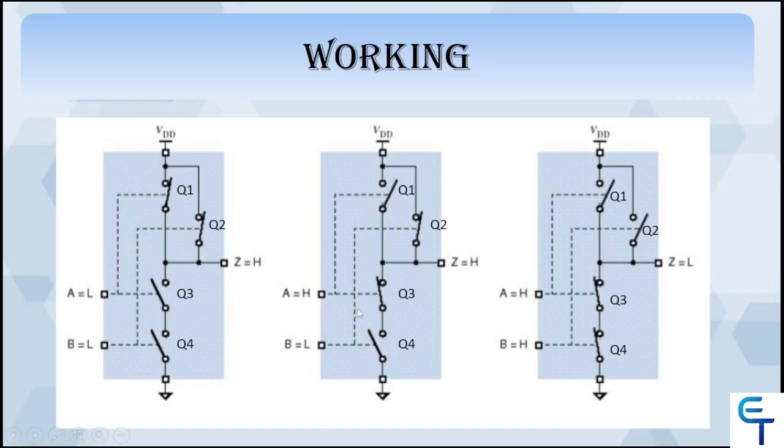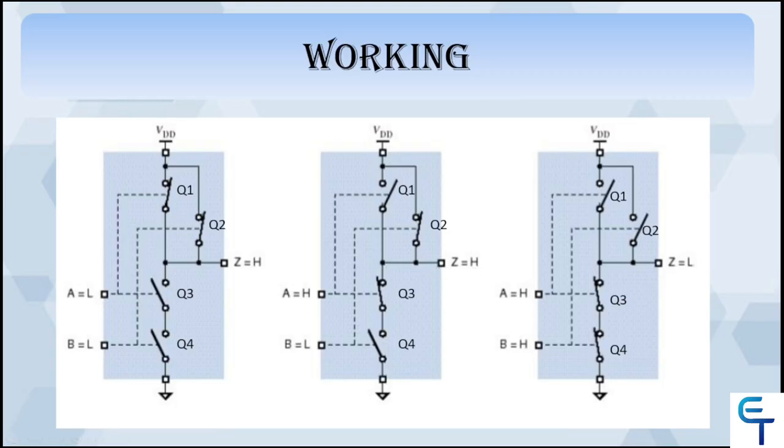Let's consider the second case wherein one input is high and second input is low. In this case, the PMOS transistor Q1 will be off and Q2 will be on. Similarly, in case of NMOS, Q3 will be on, Q4 will be off. Under the switching condition of the CMOS transistor, the output terminal will be connected to the power supply through this path VDD, Q2 and output terminal.